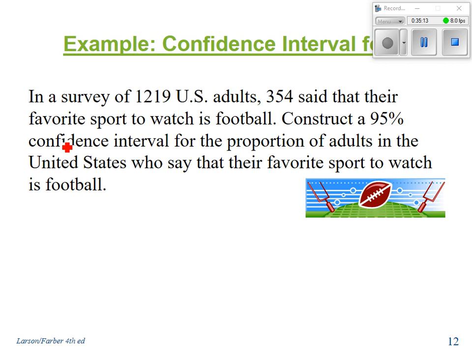Good idea. All right, back to this problem here. It says in the survey, the same problem, construct a 95% confidence interval. First of all, we know that P hat, we already figured it out, it was 0.29. When we figured it out before, all you did was take N and X and divide those two and get 0.29.